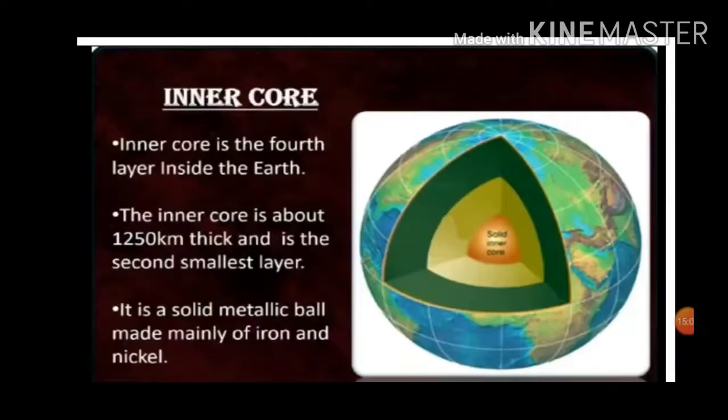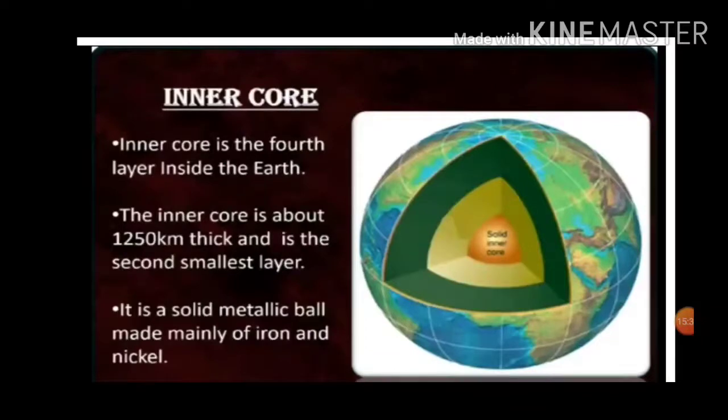Iron and nickel are the major elements you can see in this inner core, and so this layer is also called NiFe. Now the materials in this layer are under extreme pressure. What kind of pressure? It has many layers above, right?